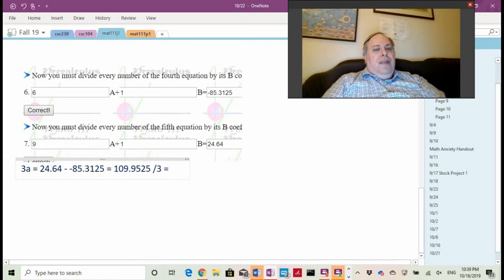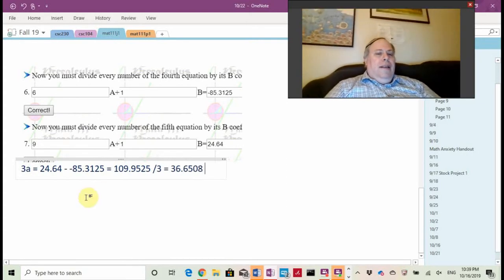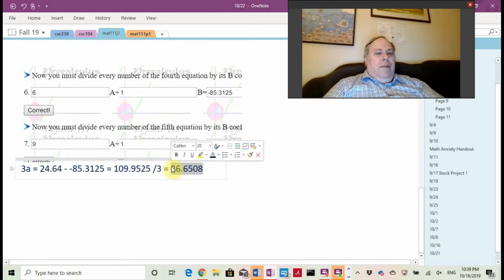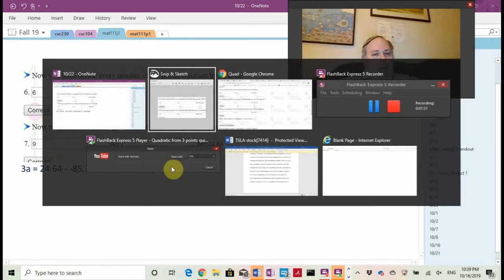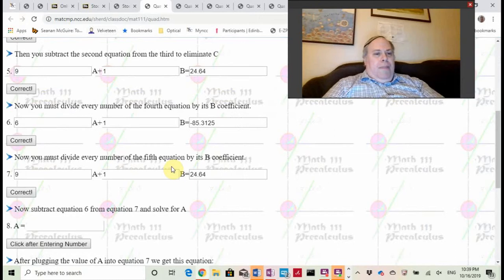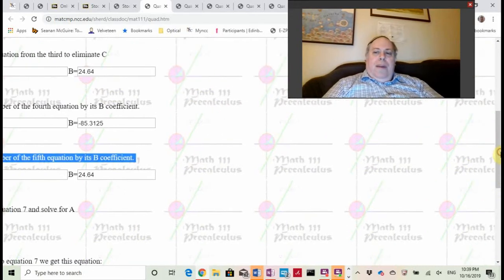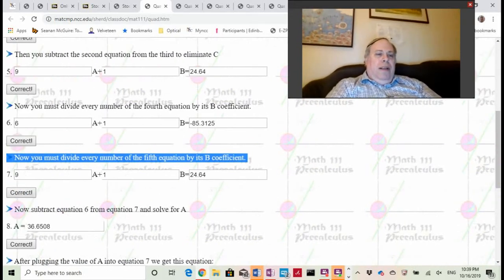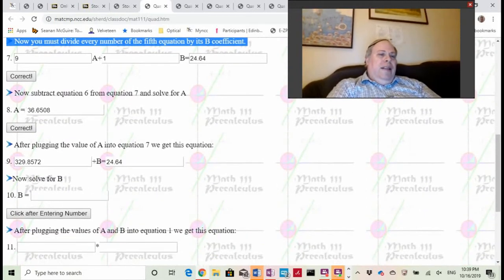We divide that by 3, and we get 36.6508. I copy that back in here to see if that's the correct A. Good. So A is 36.6508. Remember, you can't expect real data to give you neat numbers.